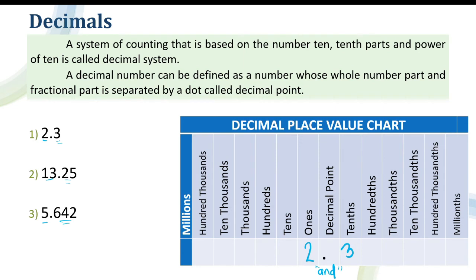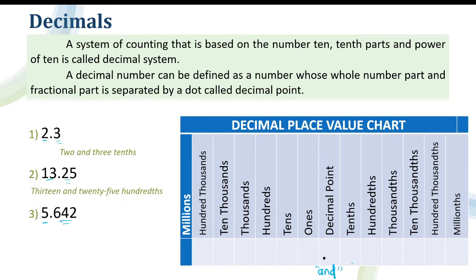So the first one is read as 2 and 3 tenths because the place value of the last digit is tenths. Another, 13.25, 13 here and 25 here. So the place value here is hundredths. So this is read as 13 and 25 hundredths.